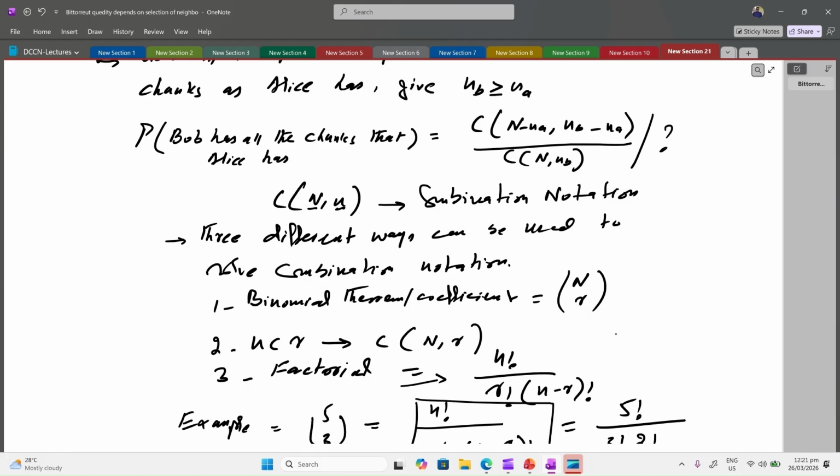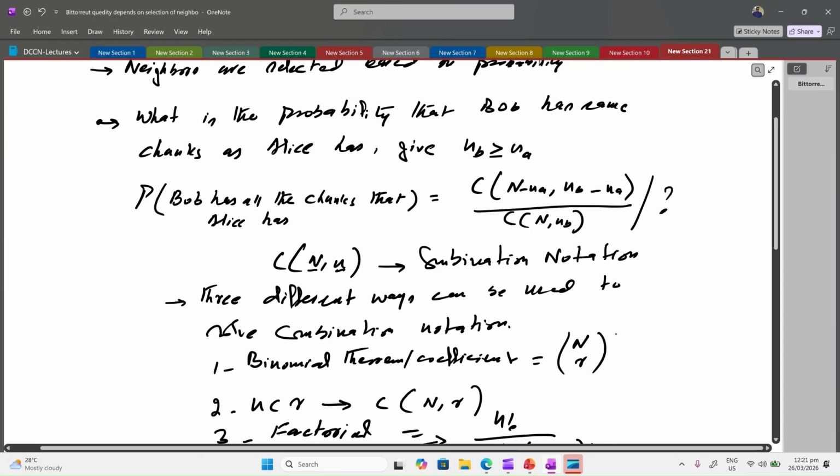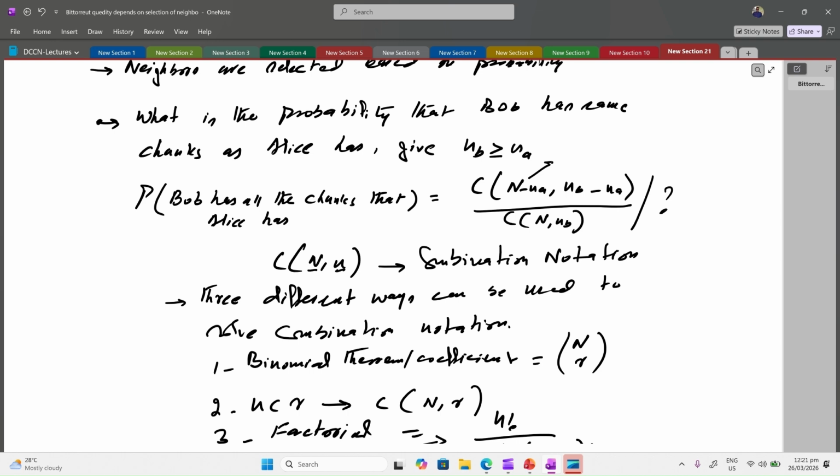Now coming back to this probability, n here represents the total number of combinations or chunks of the file, minus na, the subset of the chunks with Alice.